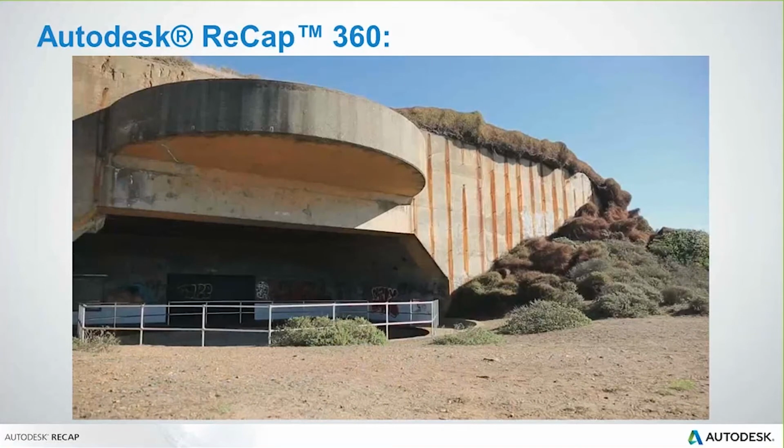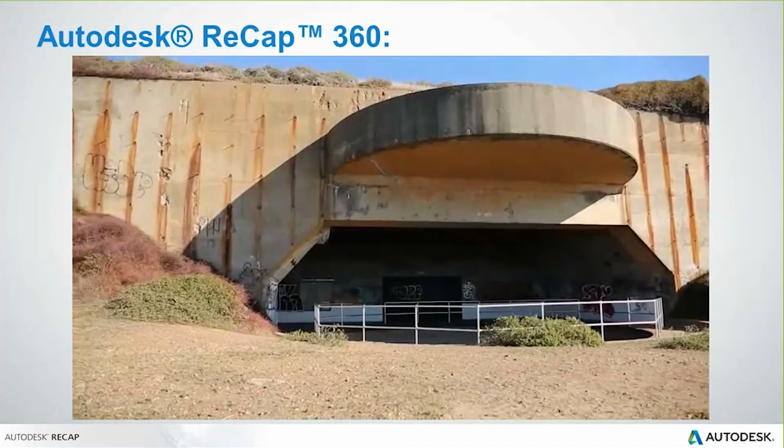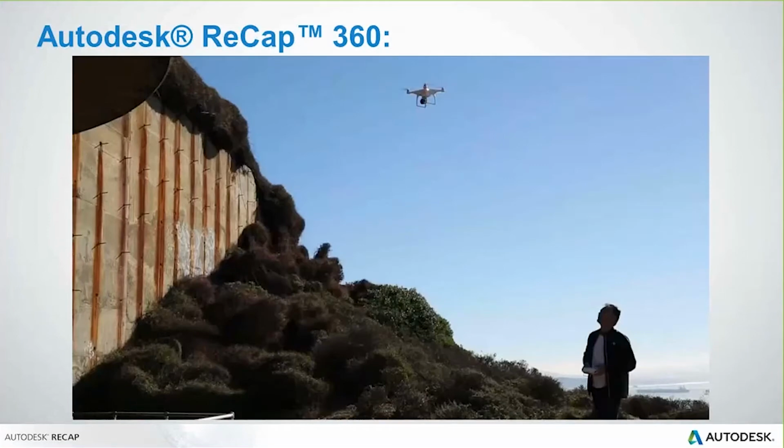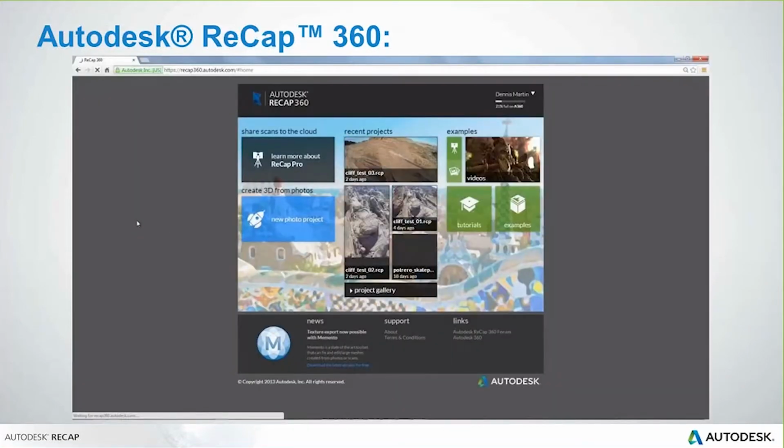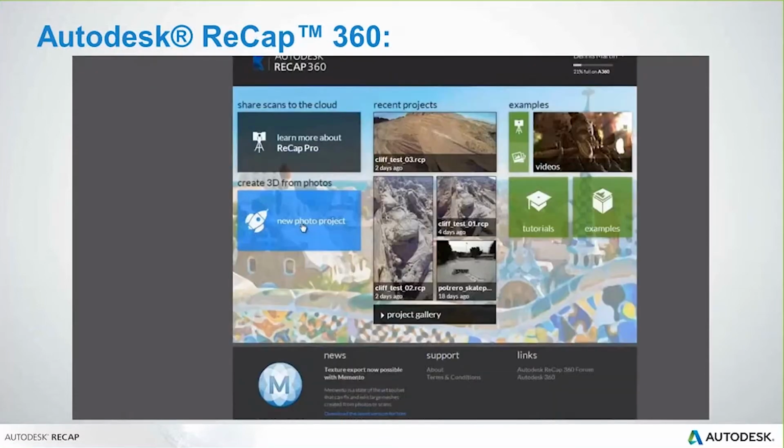Now, this is real. In fact, this gentleman that's flying the octocopter here, it's a GoPro Hero 3 camera on it. His name's Dominic. He works here at Autodesk. He did this project.